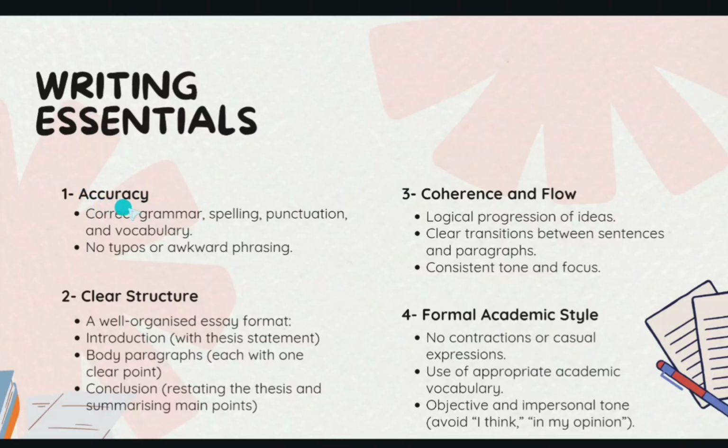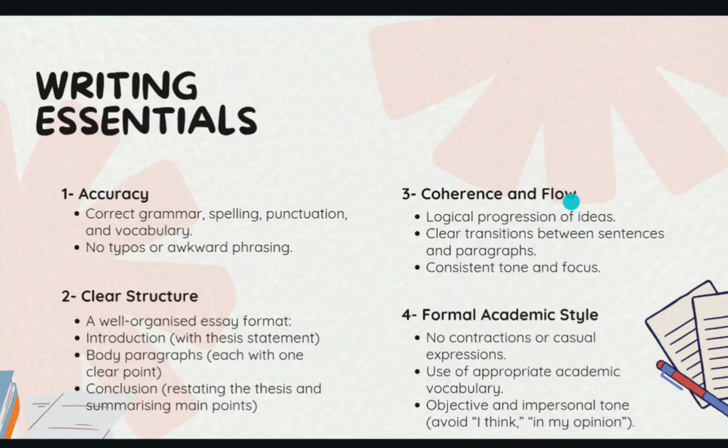Starting first with accuracy. When talking about accuracy, we are generally talking about correct grammar, spelling, punctuation, vocabulary, etc. There is also the clear structure. So a well-organized essay format, that is introduction, body paragraphs, and conclusion.